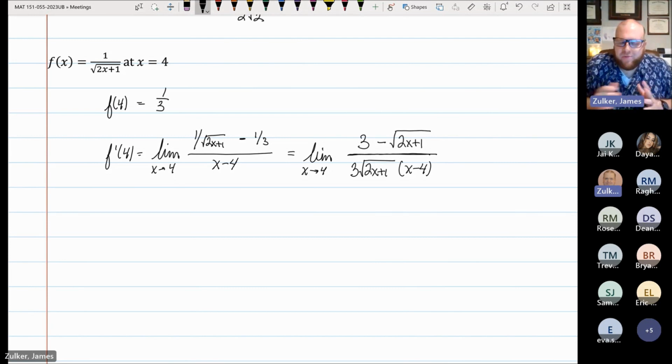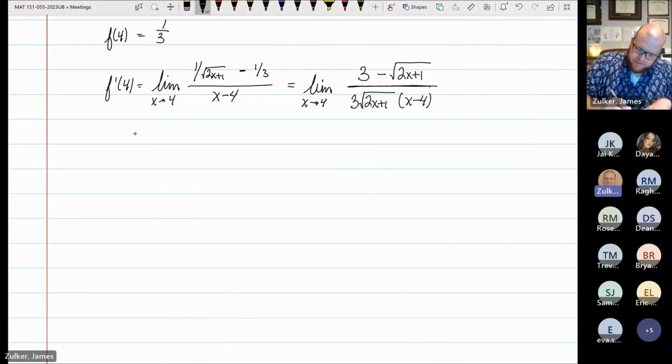Multiply both numerator and denominator by 3 times the square root of 2x plus 1. That gets rid of the complex fractions. Now we're going to have to rationalize.